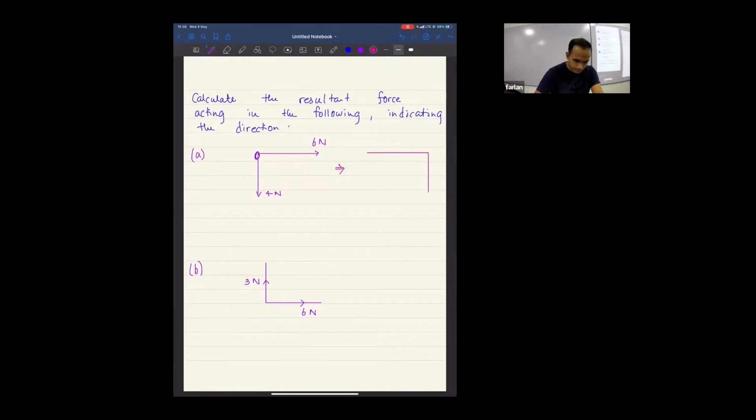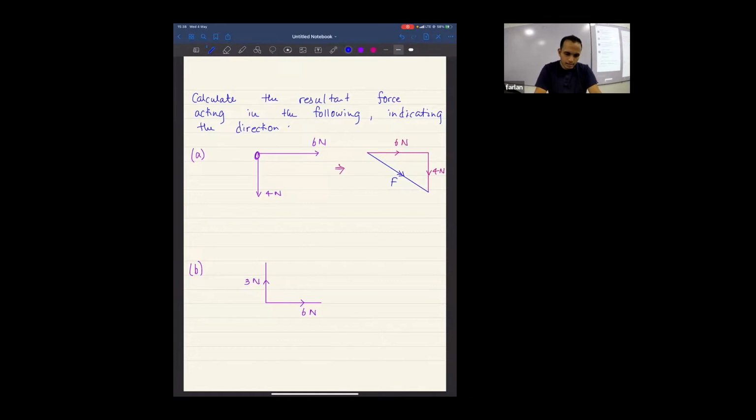From where I'm ending the first force, I draw the second one. The resultant will be given by, from this starting point to this ending point. So this will be the direction of the resultant force. Indicate the direction of the resultant force with a double arrow.